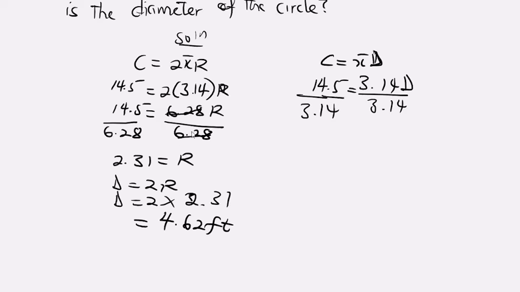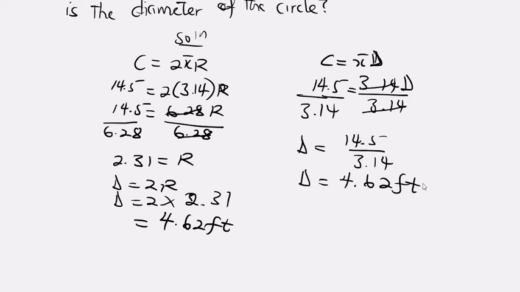So you see that we've gotten to the same state that we were. So when we divide 14.5 by 3.14, 3.14 cancels 3.14. So our d is equal to 14.5 over 3.14. So dividing 14.5 by 3.14, we are going to get 4.62 feet as our final answer.